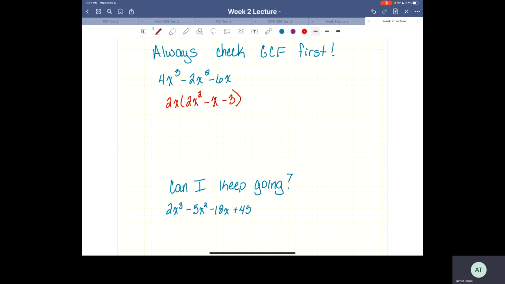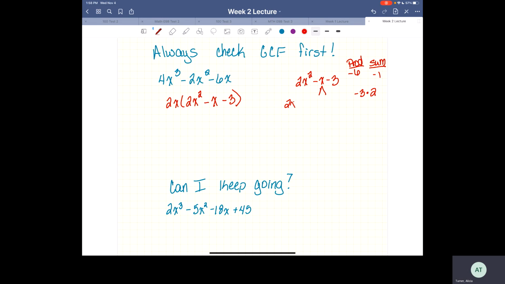Now, don't stop, because 2x squared minus x minus 3, that can be factored further. So I'm going to do it off to the side. I have a product of negative 6 and a sum of negative 1. Okay, so my numbers here are negative 3 and positive 2.